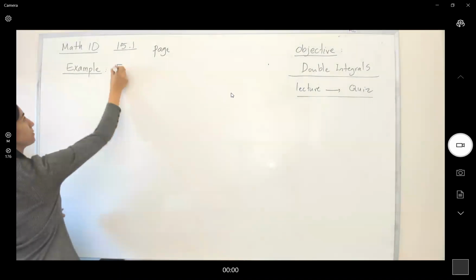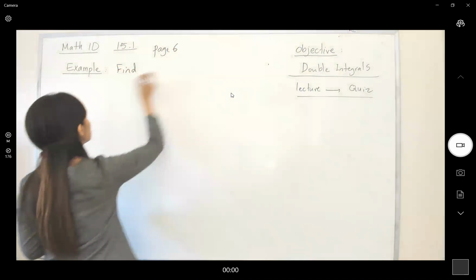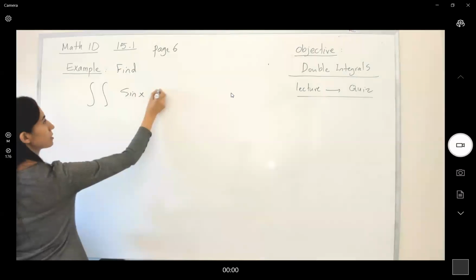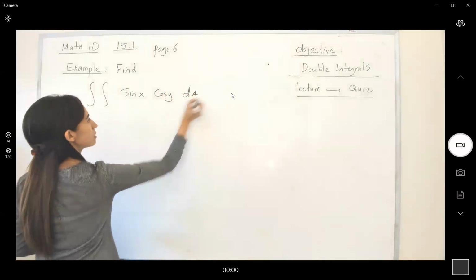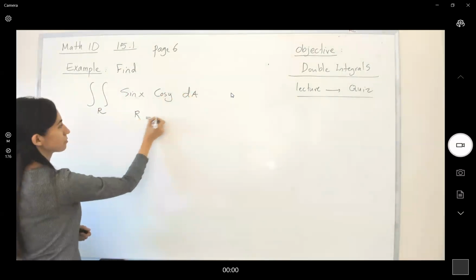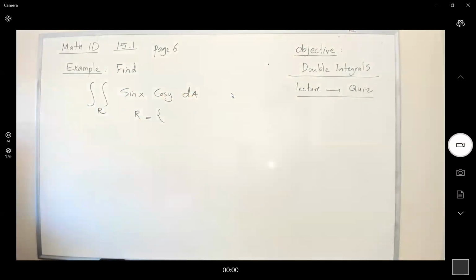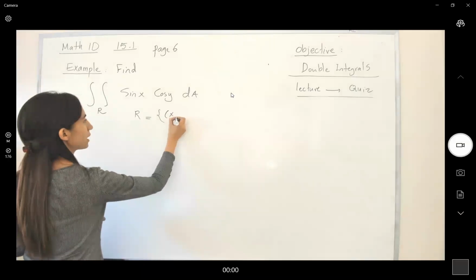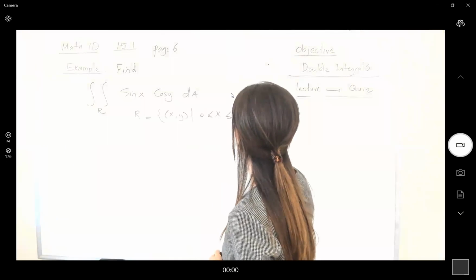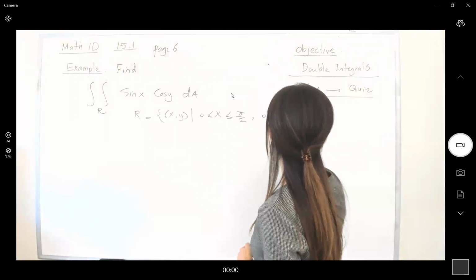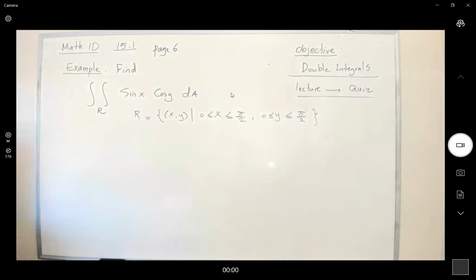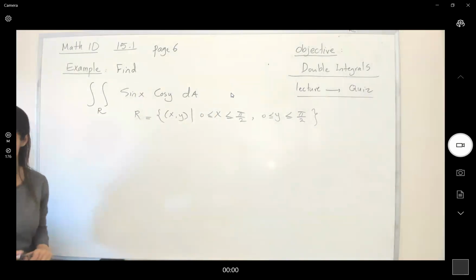It says find the double integral of the function sine x cosine y dA over region R, and region R is defined as a rectangular shape: all x and y such that x ranges between 0 and pi over 2, and y ranges between 0 and pi over 2. Very well. What is this double integral?